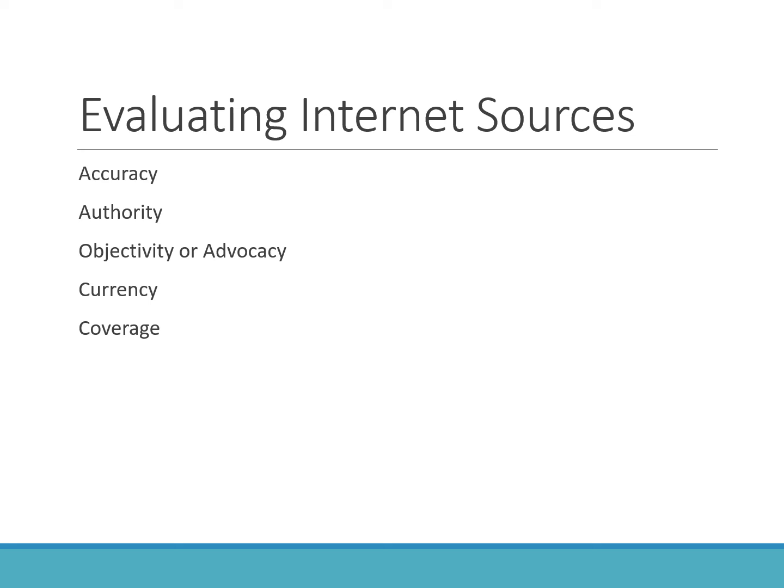So some things to think about as you're deciding, is this a reliable source? You want to think about the accuracy, right? So is the information provided consistent with other sources? Have they done things like list references, used basic grammatical standards? If there's typos in every sentence, probably a sign that it's not a very accurate source.